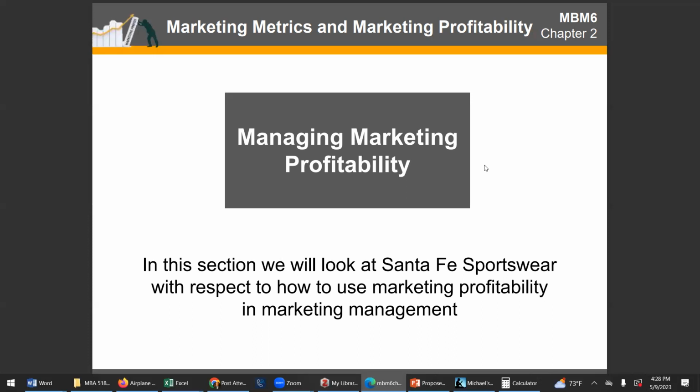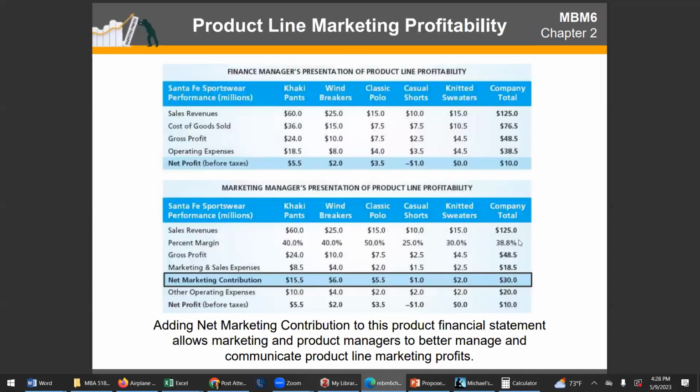So here we have this example of Santa Fe Sportswear. We're looking at the marketing manager's presentation of product line profitability. In this fictional case, we have product lines 1, 2, 3, 4, 5. And then we have our typical profit and loss income statement.